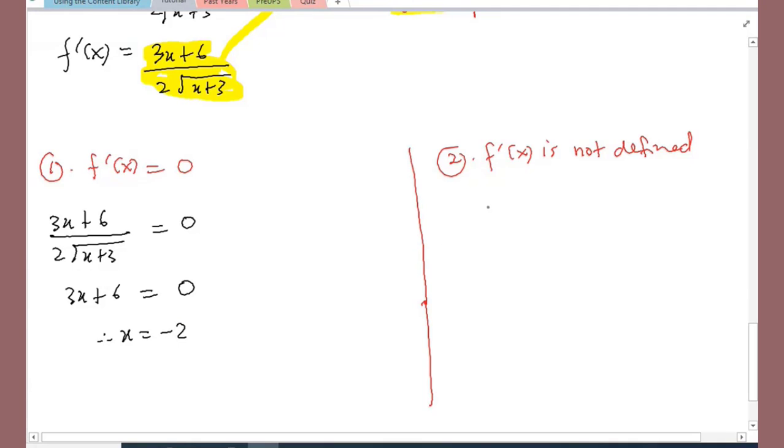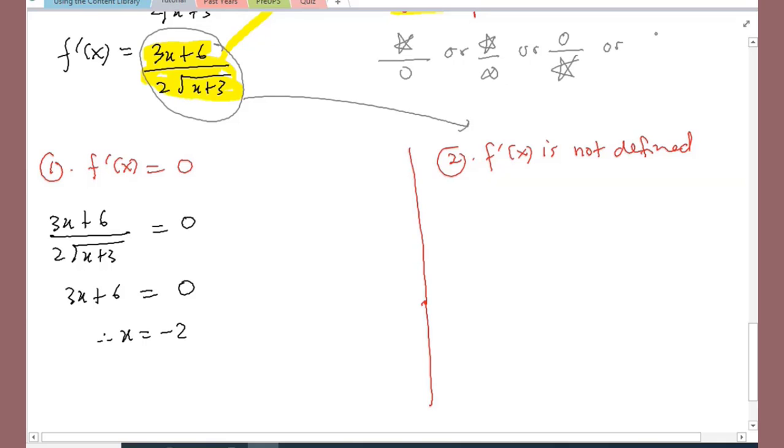For this part, f prime of x is not defined. Check when f prime of x is not defined. Is it the denominator or the numerator that is equal to infinity or 0? Something over 0, something over infinity, 0 over something, or infinity over something. Which one can produce f prime of x not defined?